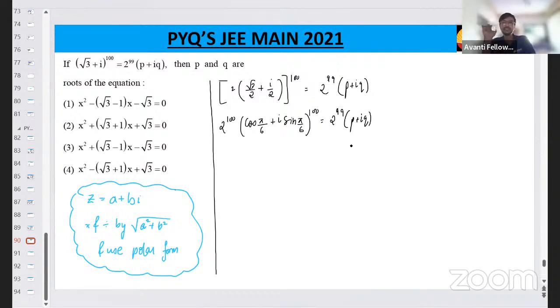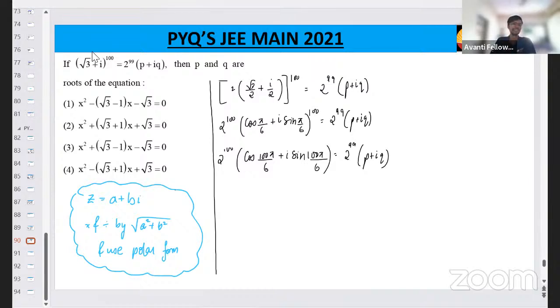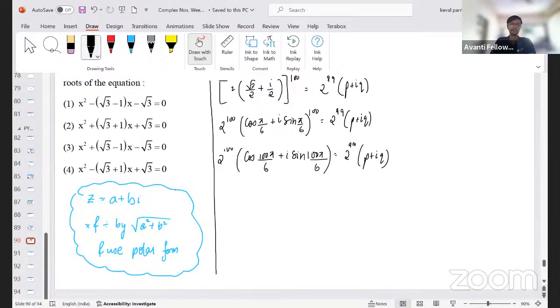Now, if we use De Moivre's theorem, the 100 will come down. So what will we have? We will have cos 100 pi by 6 plus i sin 100 pi by 6 is equal to 2 raised to the power 99 into p plus iq. 100 pi by 6 means 50 pi by 3.